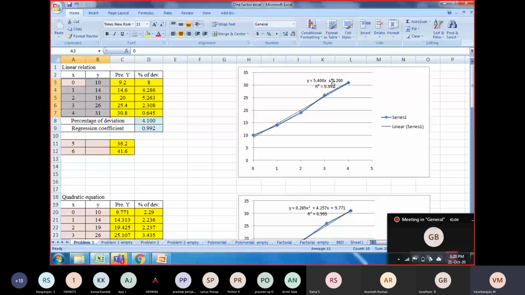And R square is also very similar to the manual R square, here 0.9992. No need to worry about the R square. We are concerned about y, y is equal to 5.4x plus 9.2, and this is the predicted y.